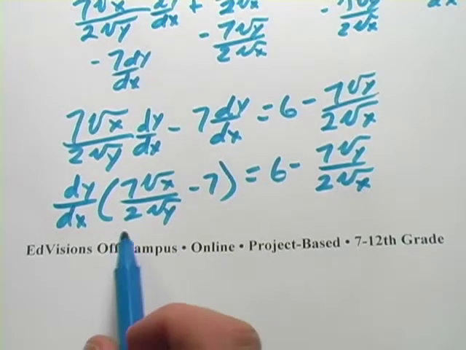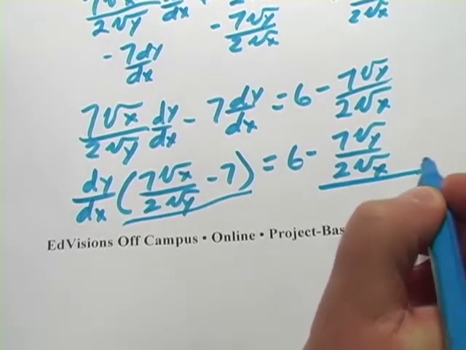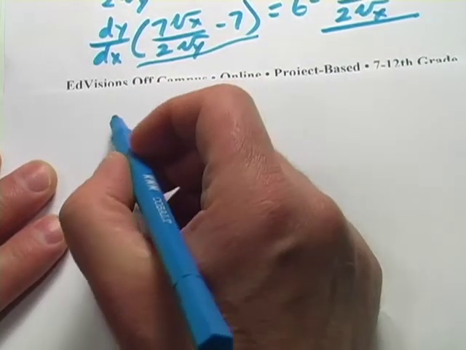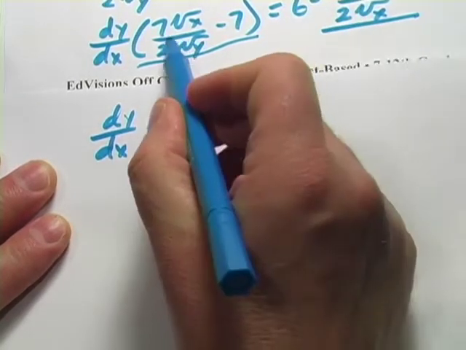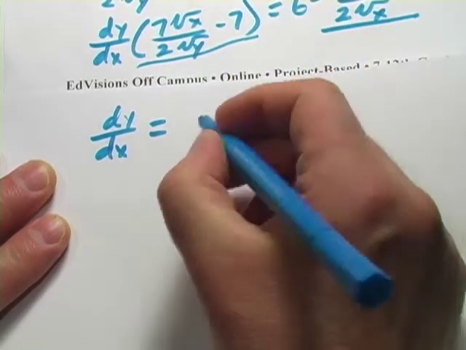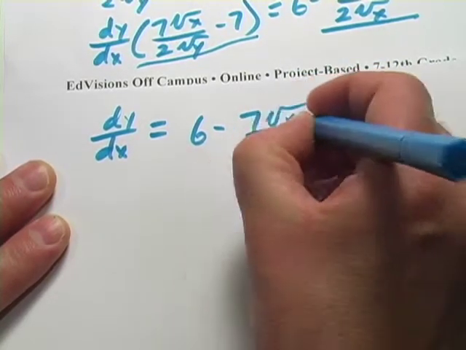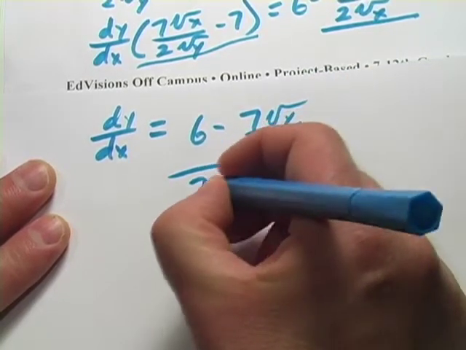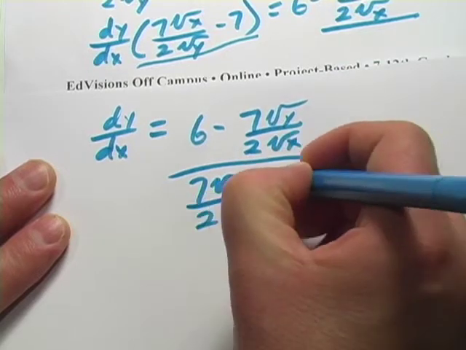All right, now the next step is to divide both sides by this chunk. And let me do that on the next piece of paper. So when I do that, I'm going to get dy/dx equals this chunk divided by that chunk. So 6 minus 7 square root of y over 2 square root of x over 7 square root of x over 2 square root of y minus 7.